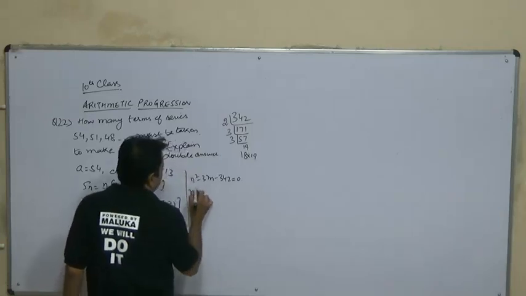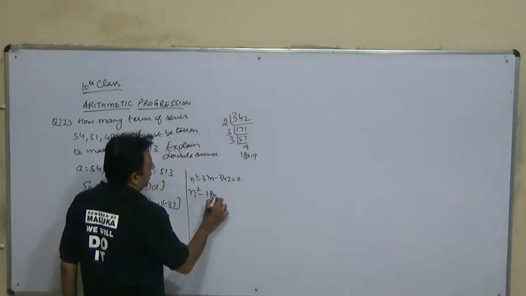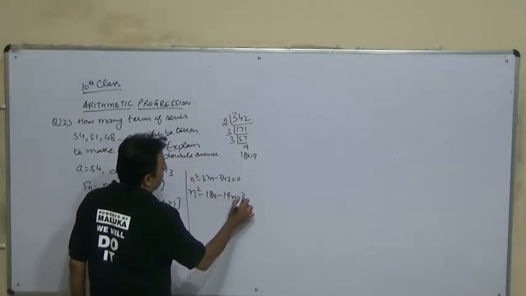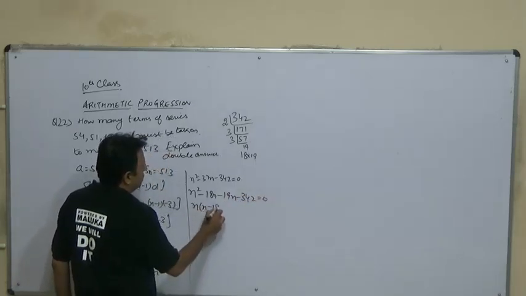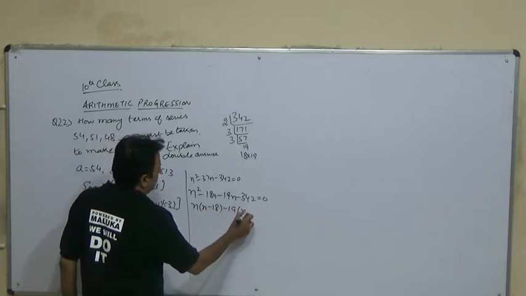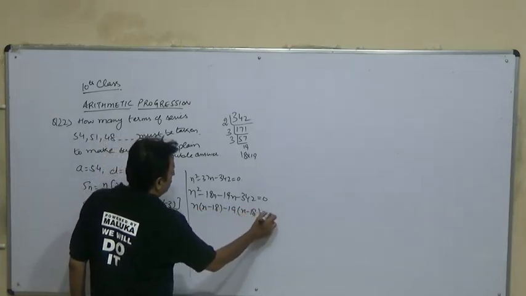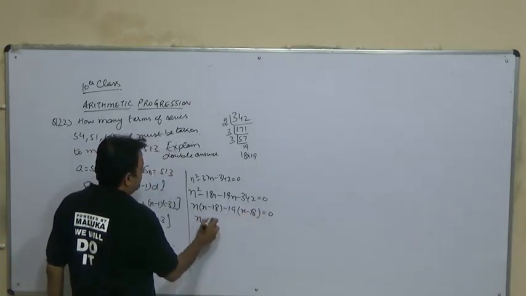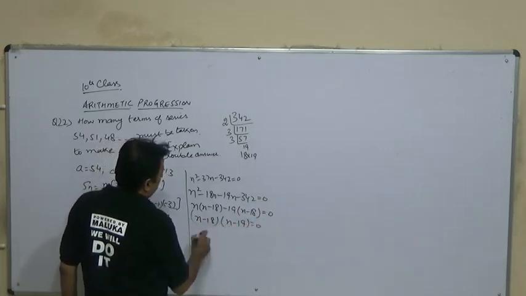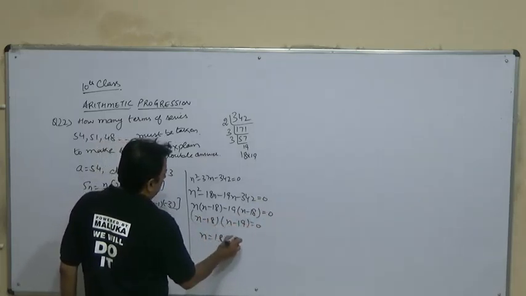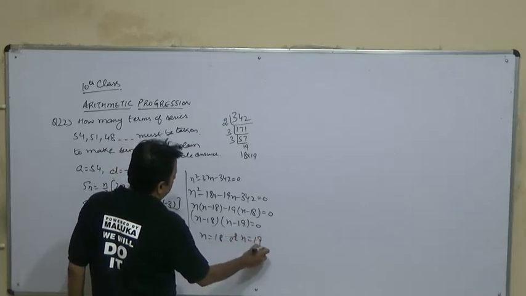So this is n square minus 18n minus 19n plus 342 is equal to 0. n minus 18 take common, we will get n minus 19. So value of n can be 18 or n can be 19.